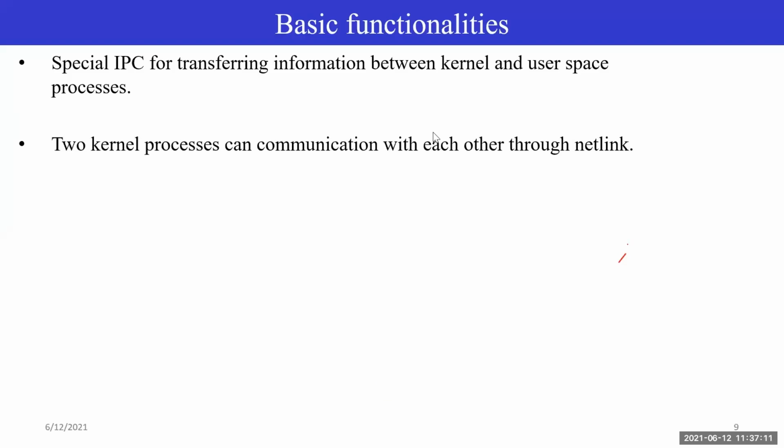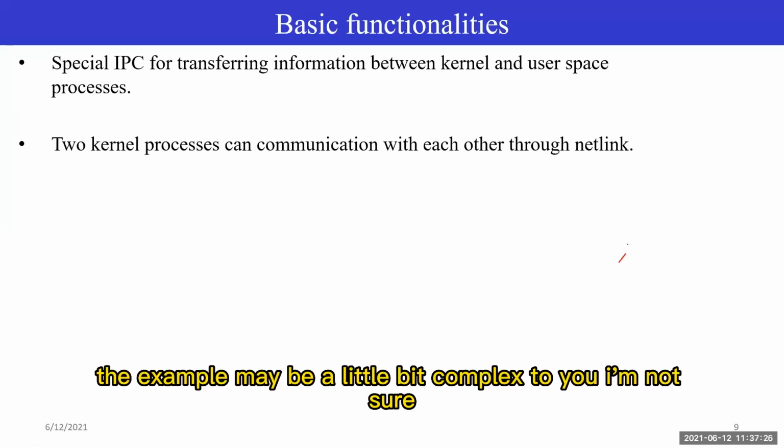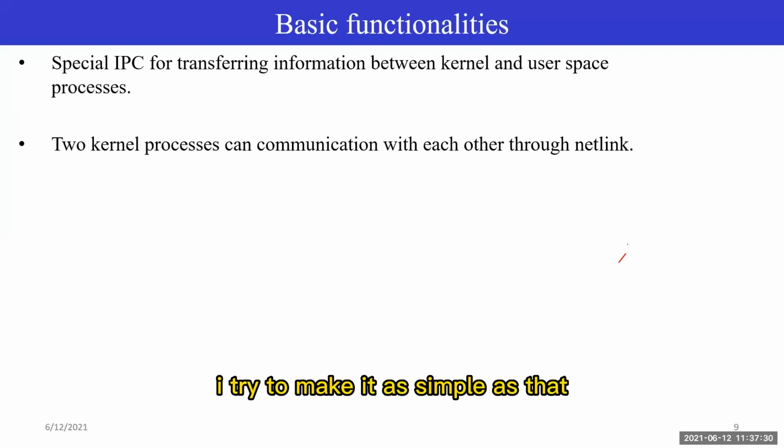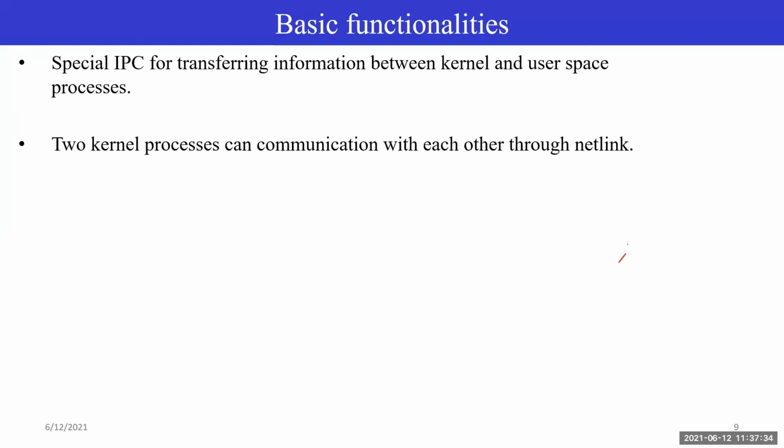For that, Netlink socket is one of the solutions that kernel modules can use. The example may be a little bit complex. I'm not sure, I tried to make it as simple as that. But still, if you have any question about that, you can ask.